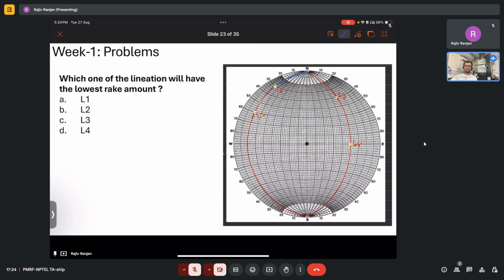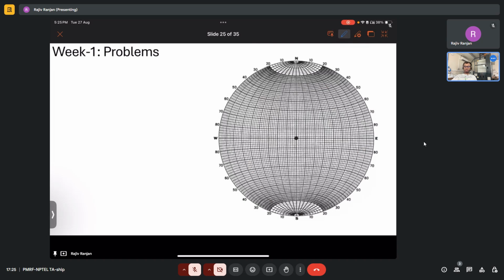L1 has 30, L2 has 40, 50, 60, L3 has 10, 20, 30, 40. So these have 40, these have 60, these have 30, and L4 has 90. So what do you think? It's very simple, very easy: L1 has the lowest rake. And the highest rake would be what? Option L4, right?